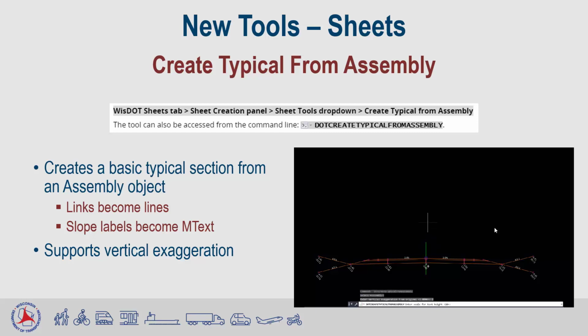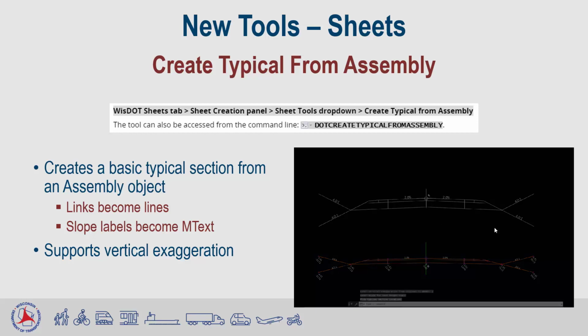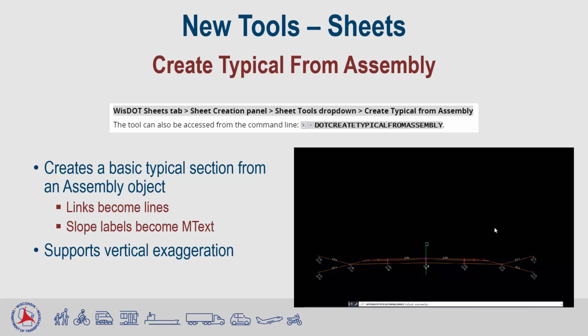What happens is all the links from the assembly become just line objects, and all the slope labels become M-text. It's important to know it's a what-you-see-is-what-you-get kind of situation. If you want slopes in a certain location on your assembly, you've got to have your code set up in such a way that you'll see slopes on your assembly.